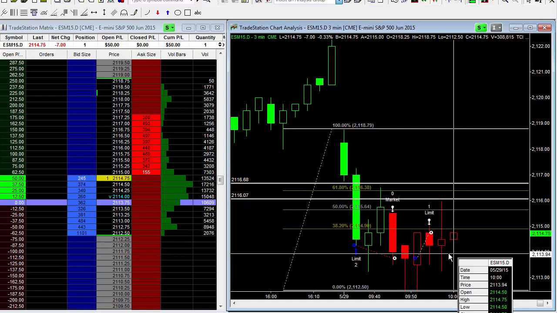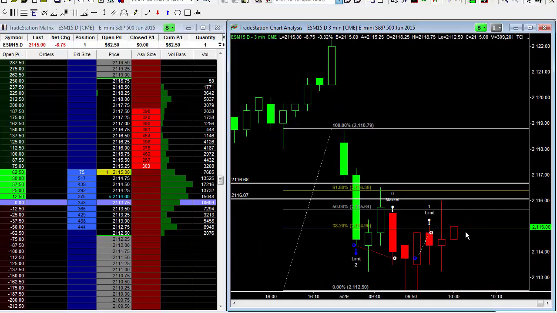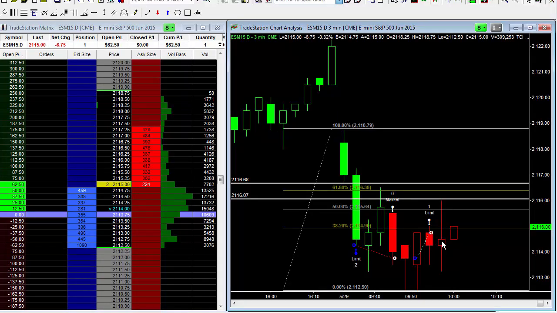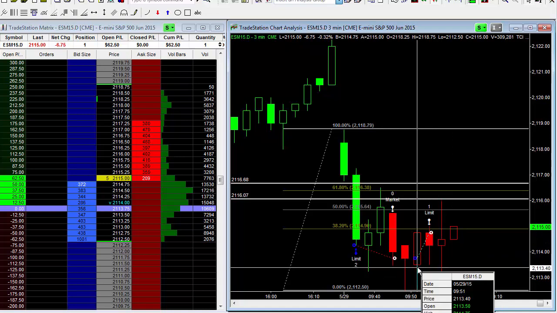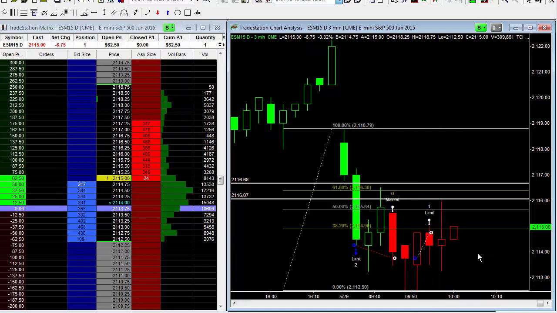Boy, don't know what to think of this bar. Market did rally quite a bit on this bar, up to 16 even, and closed below the mid-range. So let's just see. There's a lot of indecision down in here. I'm going to sit and watch it just a little longer.